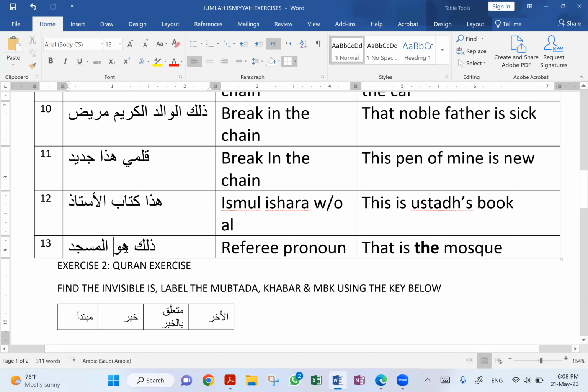Okay. And Zamir Shan, can you explain what Zamir Shan is? Yeah, so just like I was saying, the Dhamir is huwa. It could be attached or it could be independent, but it's either the huwa version or the here version. And it means the fact of the matter is. Maybe I will share my notes on Damir Shan.